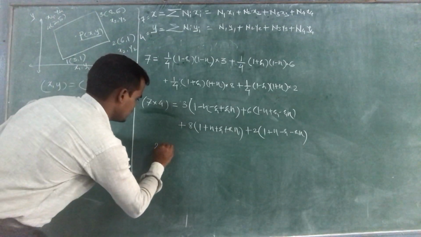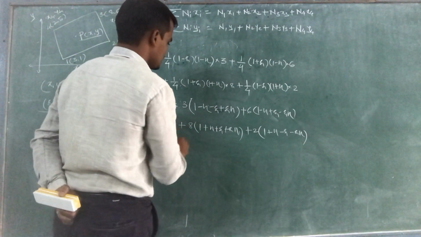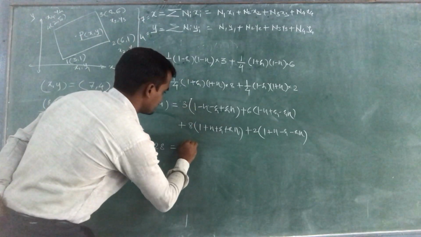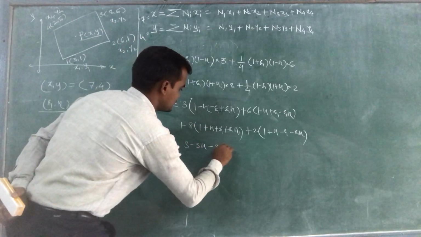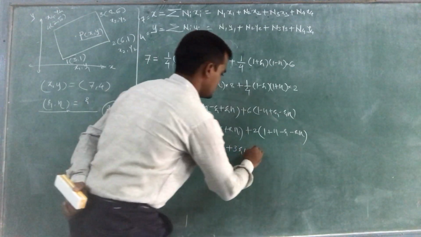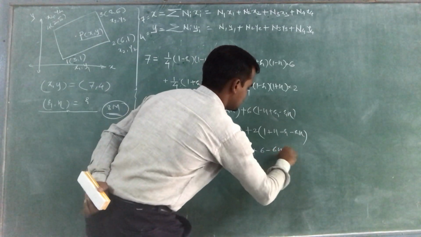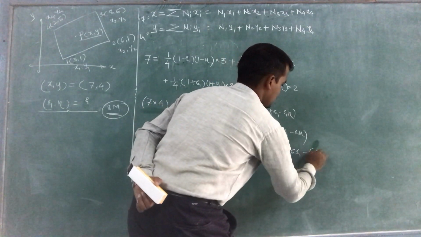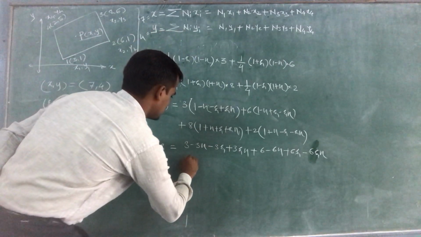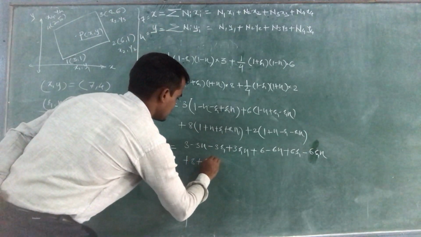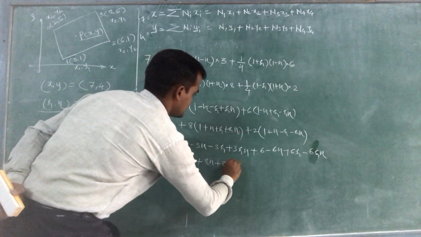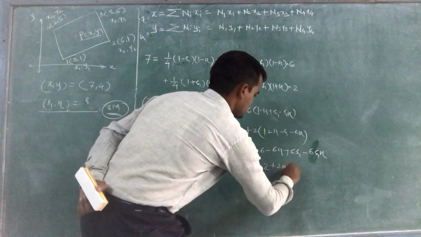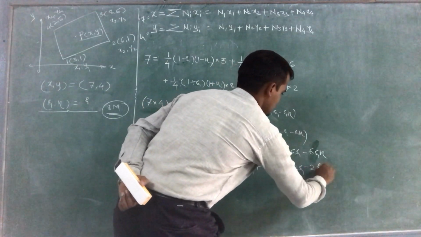So finally you will get 28 times. By multiplying this you will get 3 into 1, 3 minus 3 eta minus 3 zeta plus 3 zeta eta, then plus 6 minus 6 eta plus 6 zeta minus 6 zeta eta, then plus 8 plus 8 eta plus 8 zeta plus 8 zeta eta, plus 2 times eta minus 2 times zeta minus 2 times zeta eta.